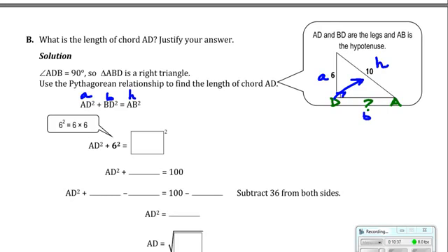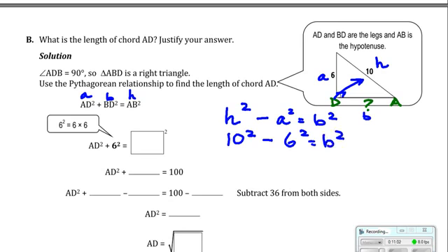I'm actually going to rewrite this out. I don't like how I wrote these notes. I changed my mind. And so we need to subtract. We go hypotenuse squared, take away A squared, equals B squared. The hypotenuse is 10, so 10 squared, take away 6 squared equals B squared.